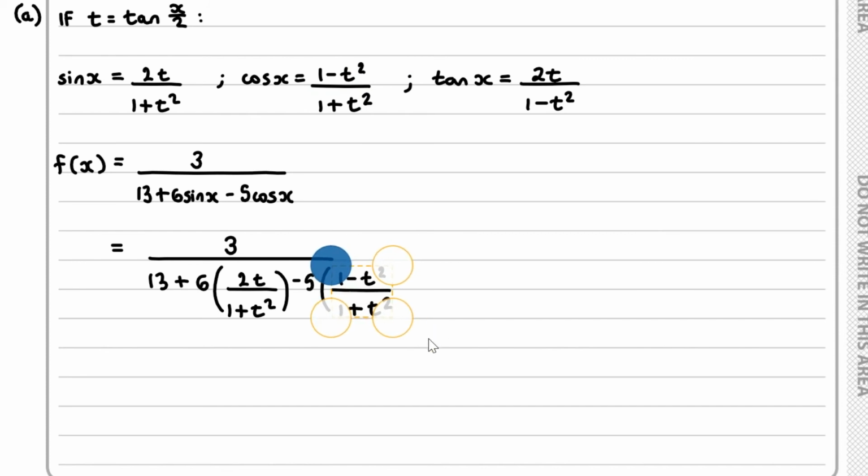So this here is what f(x) is equal to. So let's just tidy this up and write it slightly more neatly. So here is what f(x) is.